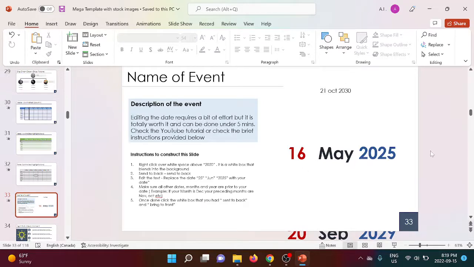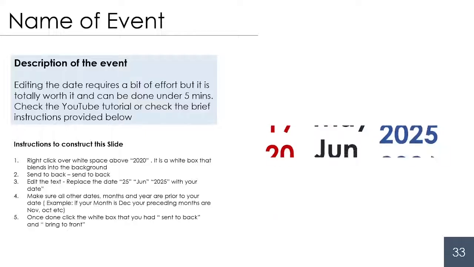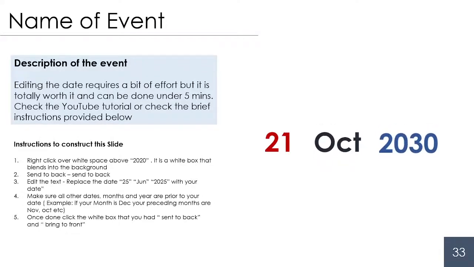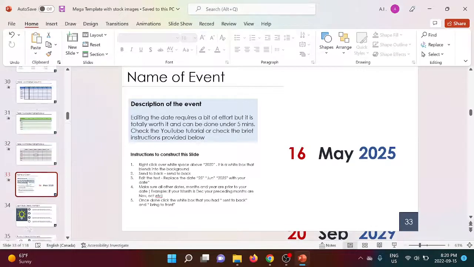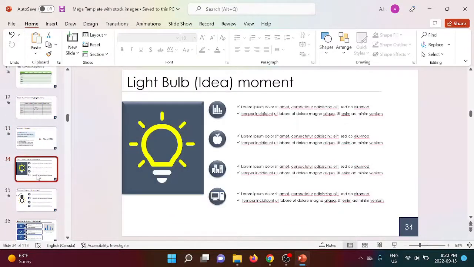So that's how easy it is. And just make sure you send it to back once you're done. So I'm just going to delete this part right here. There you go. Once again, 21st October 2030. Okay. Next slide is basic.